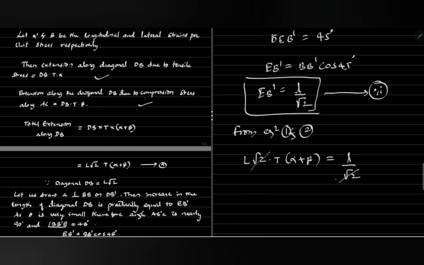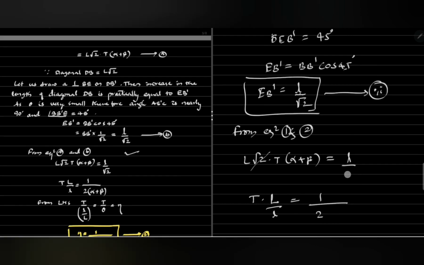So root 2 gets cancelled, and now we'll write the equation, that is T into bracket, L divided by small l equals 1 by 2. Sorry, here it is not cancelled because it is multiplied. So if you multiply, then what you will get? You will get 2 into bracket alpha plus beta.